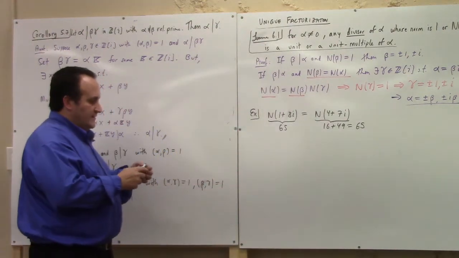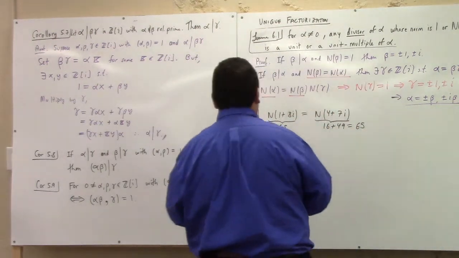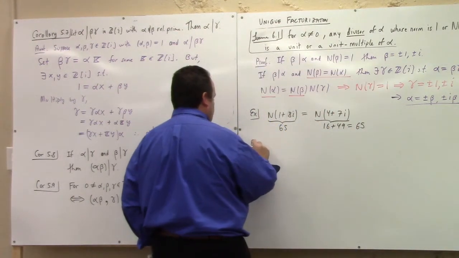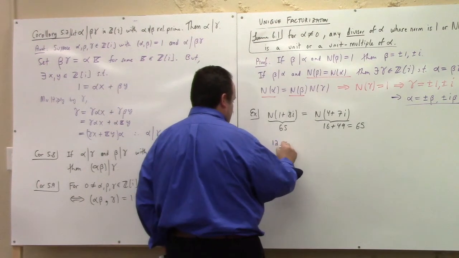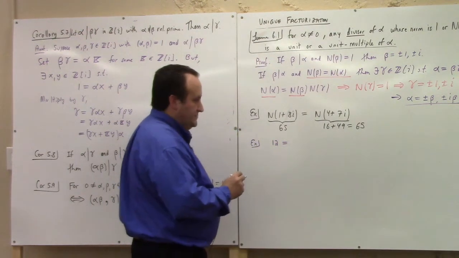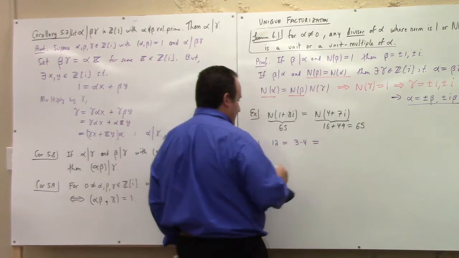So the analog in the integers, let's see here. You've got 12, right? 12 is what? Well, it's 3 times 4, right? But what else is it?